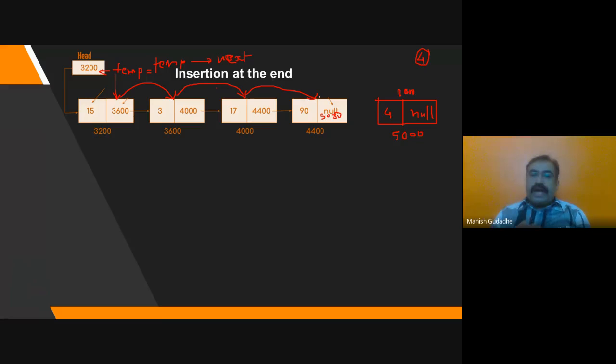Now we have reached the last node of the linked list, and this last node should point to the new node. So this link has to be created.